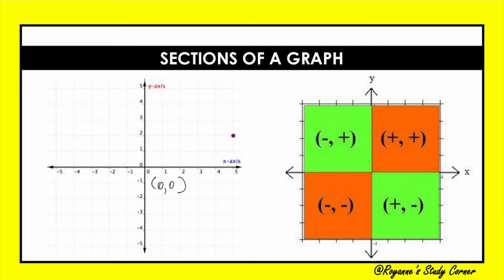Now, when we're plotting points or reading points off the graph, we always look for x first and then y, because that's how it's written.